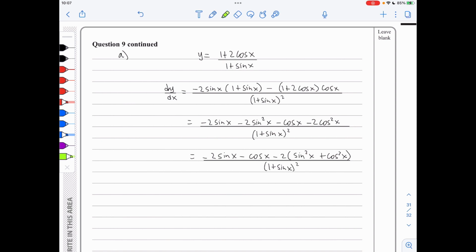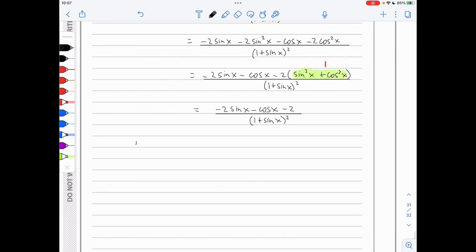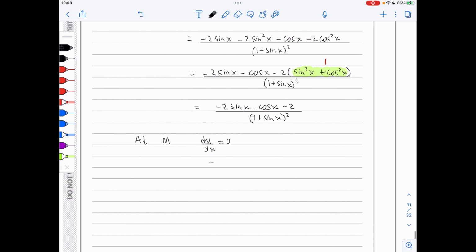Now we know that sine squared x plus cos squared x is equal to 1, and therefore we get minus 2 sine x minus cos x minus 2, and all of it over 1 plus sine x squared. Now we know that at M we've got dy/dx being 0, as this is a turning point, and therefore we want the numerator to be 0, so we want minus 2 sine x minus cos x minus 2 to be 0, which leads to minus 2 is 2 sine x plus cos x, as required.